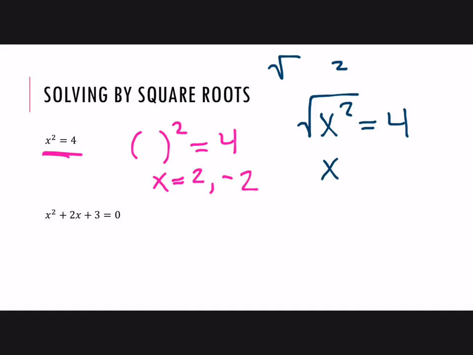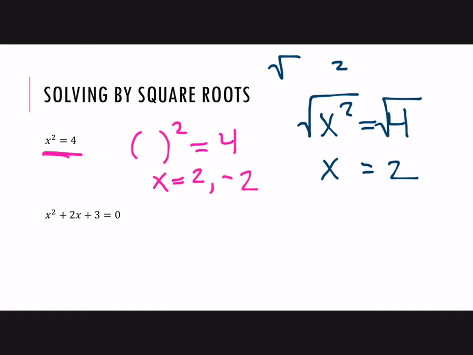So that's going to give me x. Just like if we had the square root of 9, that's the square root of 3 squared, and I know the square root of 9 is 3. Then on the right-hand side, we also square root that. So do the same thing to both sides of the equation, and you end up with x equals 2.